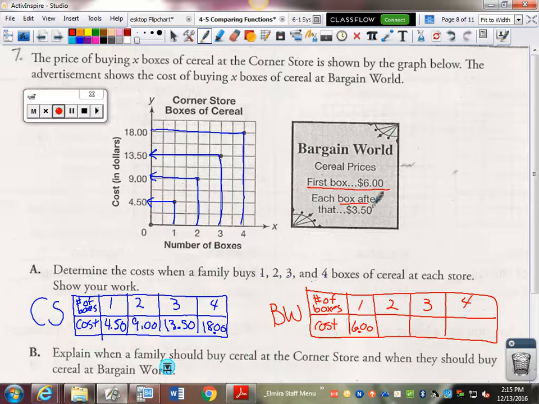And each box after that is $3.50. So if I bought 2 boxes, I'd pay $6 plus $3.50 would be $9.50. And then 3 boxes would be $13. And then a 4th box would be $16.50. I'm just adding $3.50 every time.